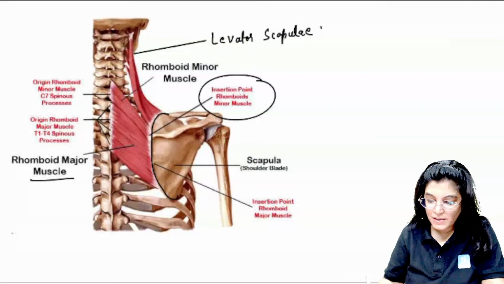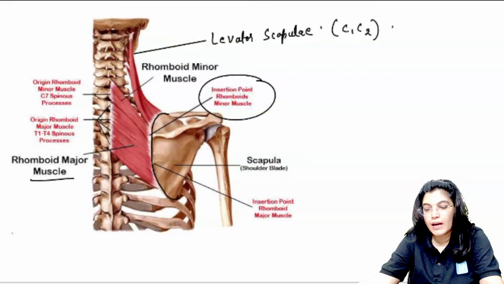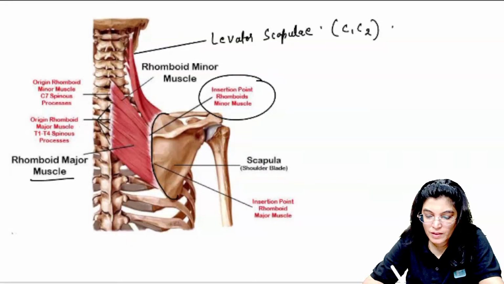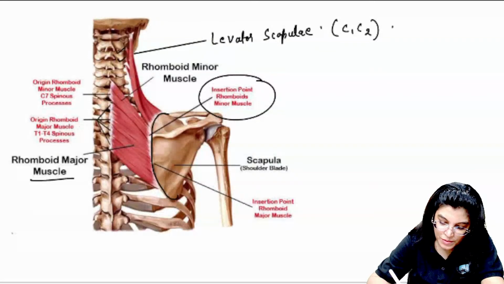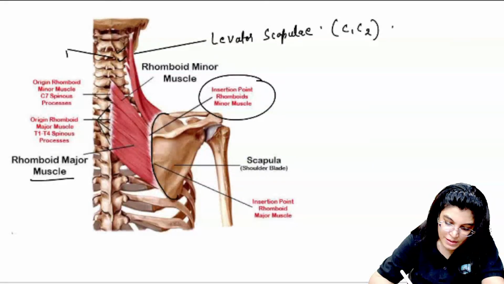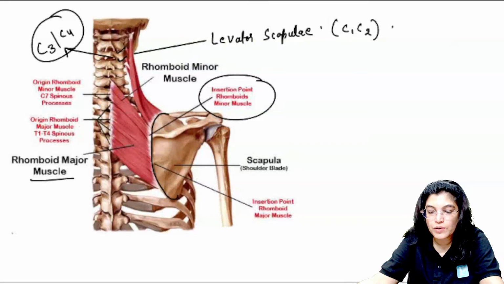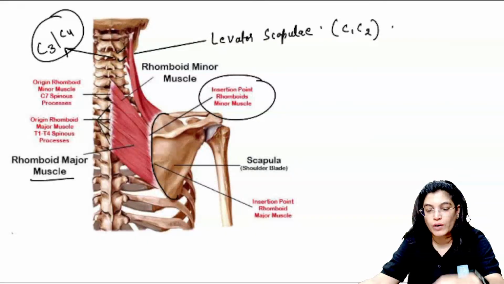That means it is arising from the transverse process of C1 and C2 cervical vertebra, and also from the posterior tubercle of C3 and C4 cervical vertebra. So levator scapulae originates from the transverse process of the atlas and axis, and from the posterior tubercle of the transverse process of C3 and C4, as you can see in this diagram.